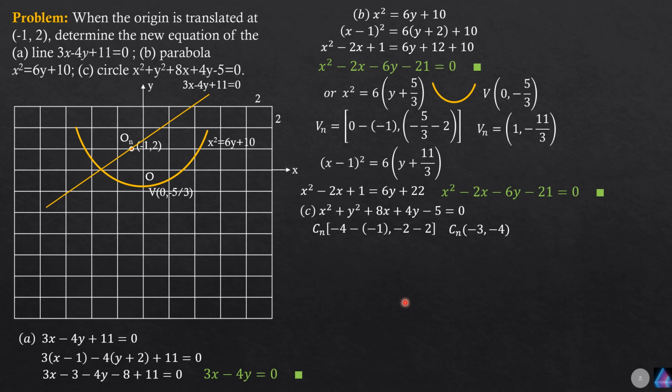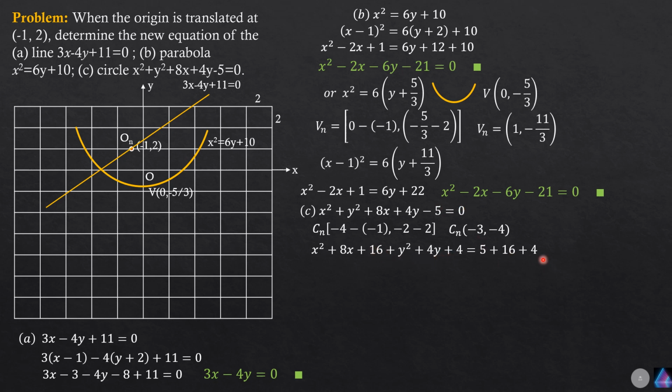Then let's complete the square in both x and y from this equation to transform this circle into its standard form. So we have x² + 8x + 16 + y² + 4y + 4 equals, transpose negative 5 to the right, then we add 16 and 4 from the left side.